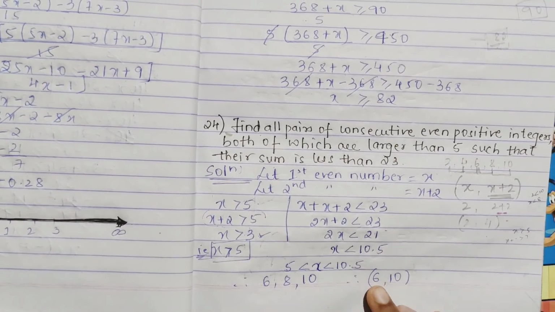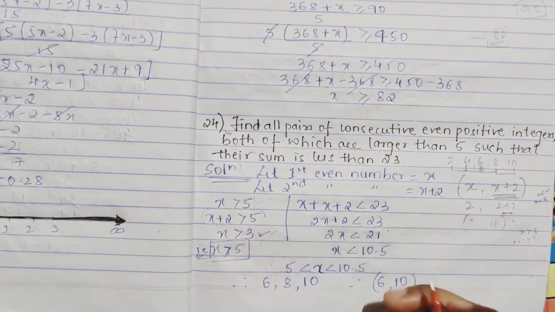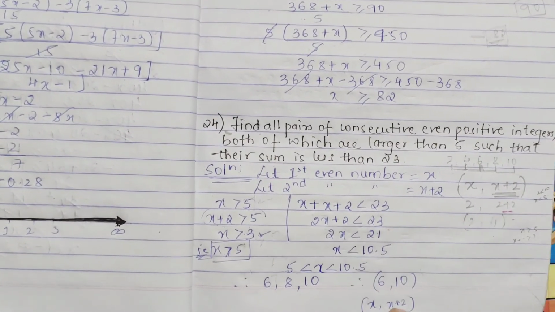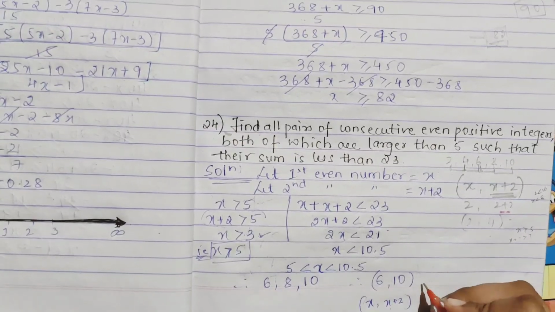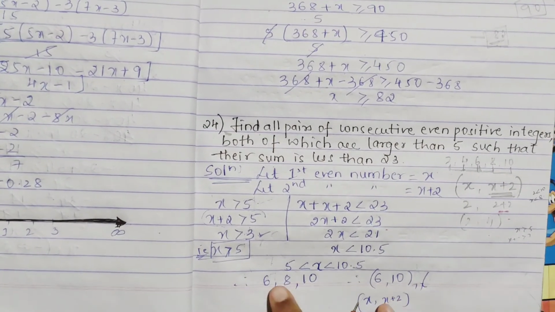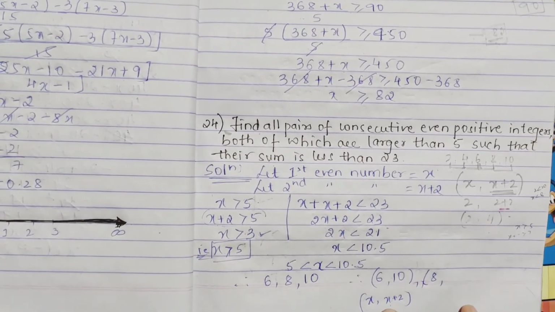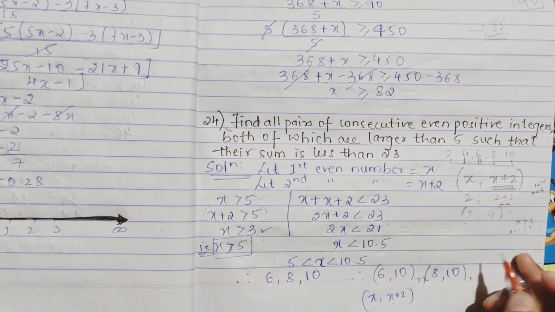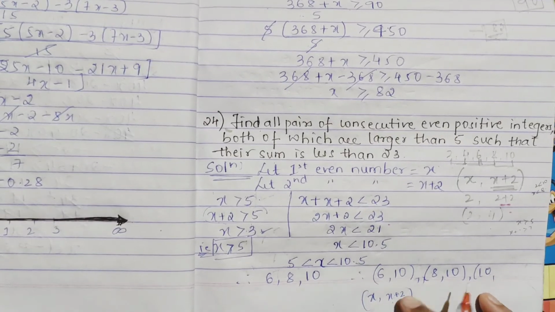When it is 6, its pair is 8, right? Because the pair is x comma x plus 2. So when it is 6, 6 plus 2 is 8, and then next is 8. When it is 8, the next pair will be 10. When it is 10, the next pair will be 12.